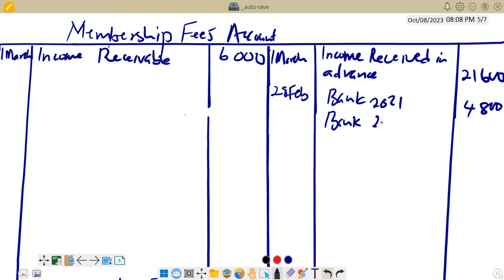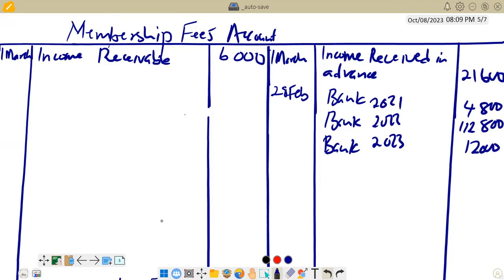For 2022, we have 12,800. Then we have for 2023 again, bank for 2023. We have 12,000. So this is what we have in terms of what we received.